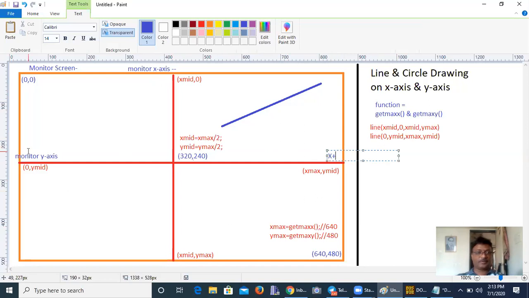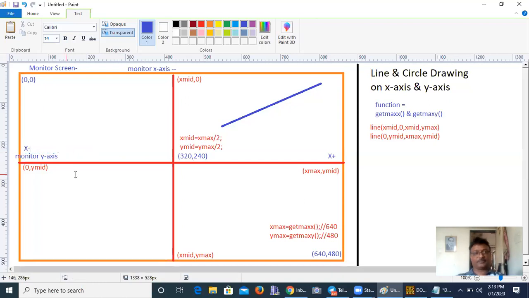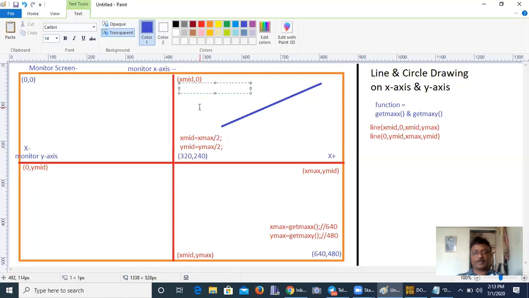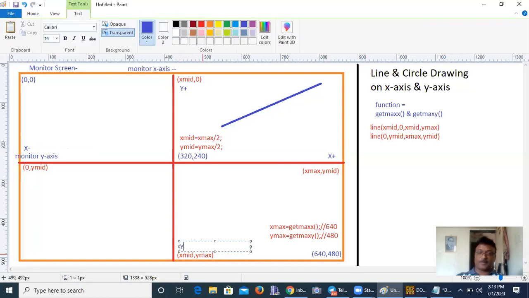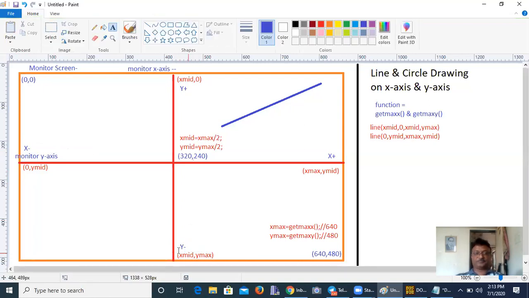Here comes x minus, because here you have to go to the x minus value, because this is your x-axis. Here becomes y plus, and here becomes y minus. Correct? This is your y minus.